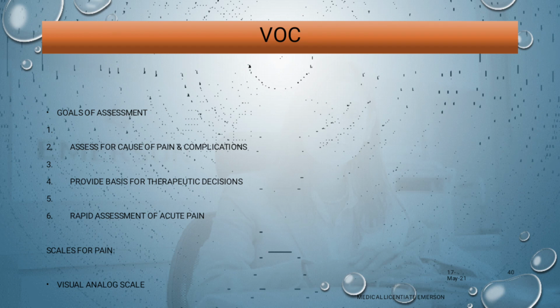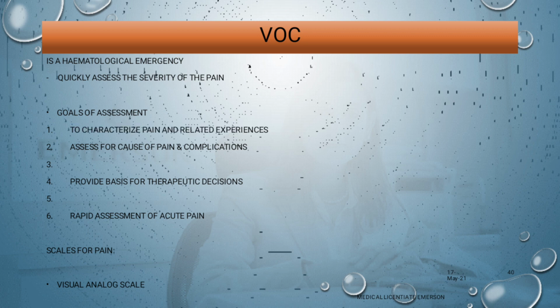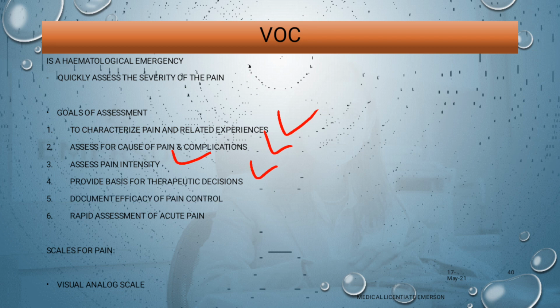Okay. Then in terms of vaso-occlusive crisis, it is a hematological emergency, and you quickly assess the severity of the pain. The goals of assessment are that you have to characterize the pain and the related experiences, assess the cause of pain and complications, assess pain intensity, provide basis for therapeutic decision, and document efficacy of pain control and rapid assessment of acute pain.